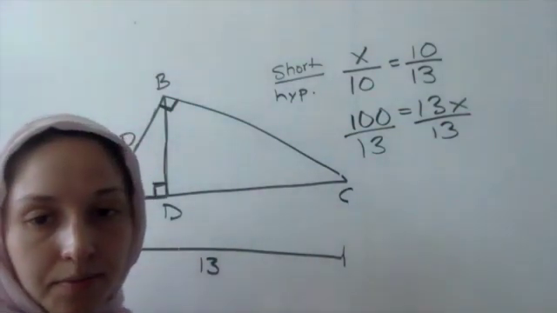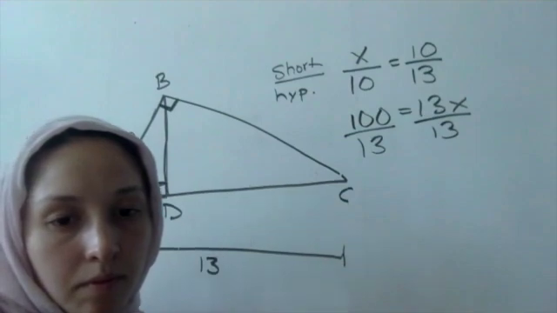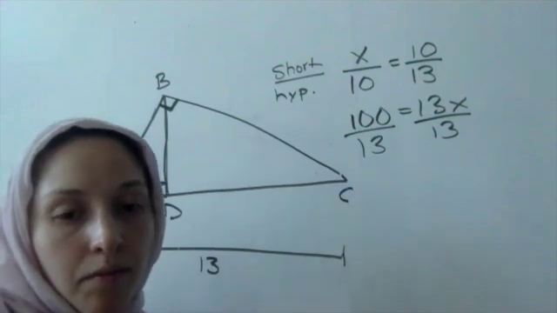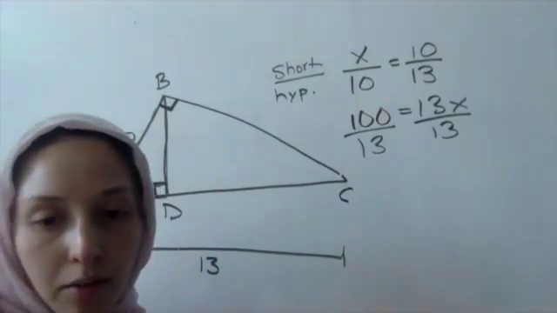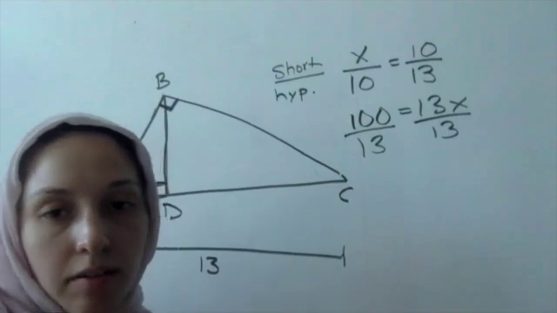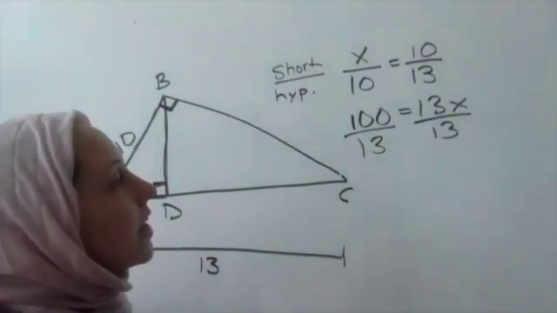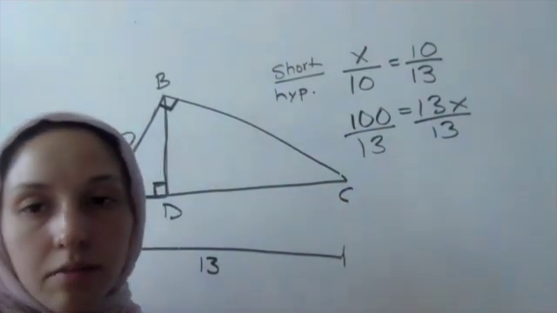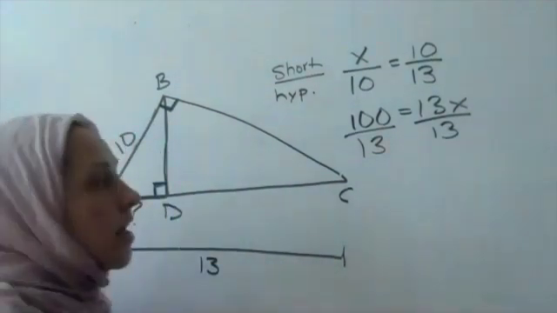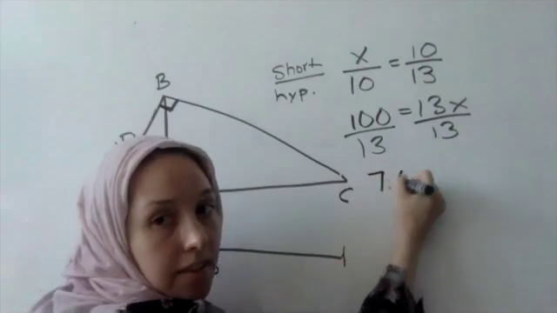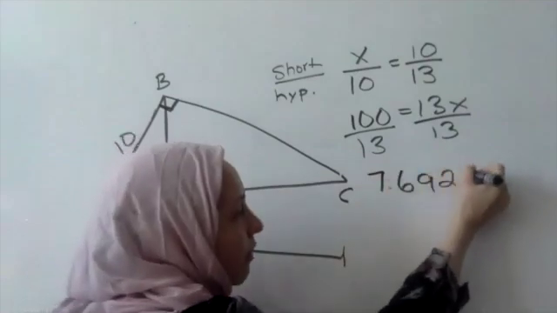Miss, the problem is that when I do it in IXL and don't round it, it marks it wrong. When I round it, it's the opposite. Okay, you need to round it to the nearest hundredth. Let me show you how to round it. What is 100 divided by 13? It is 7.6923.